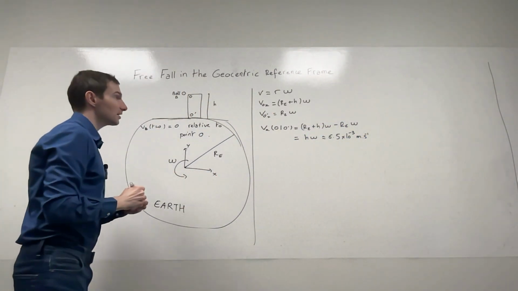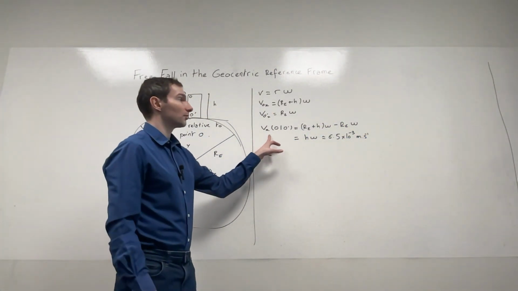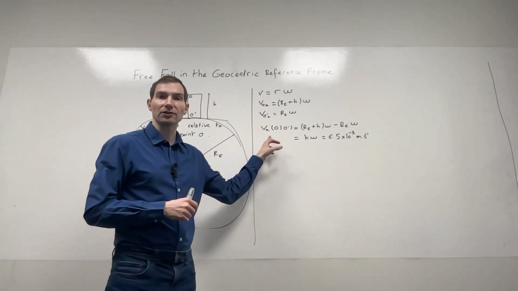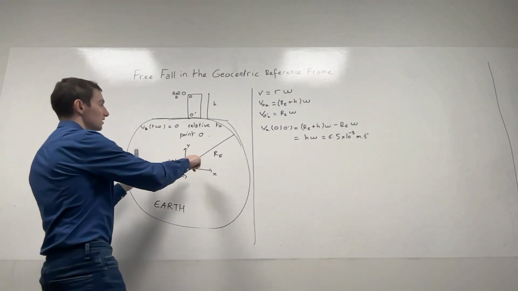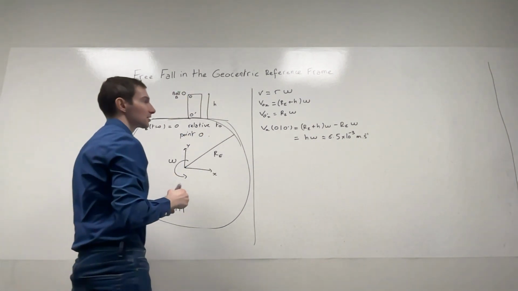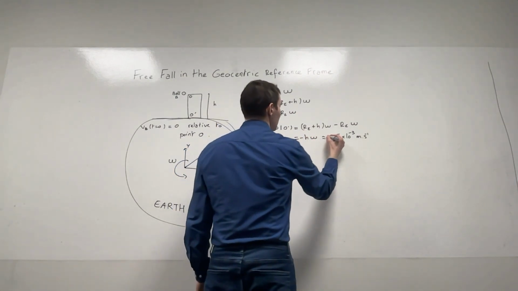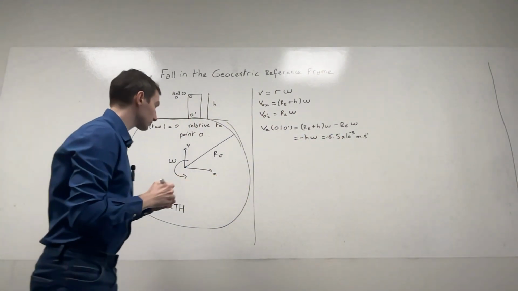Okay, so that's the magnitude of the velocity in the x direction. And actually, because omega is in that direction, there's going to be a minus value. So let's put minus here and minus here.